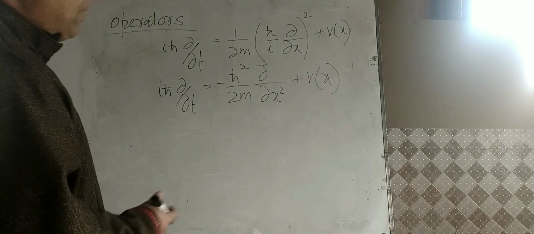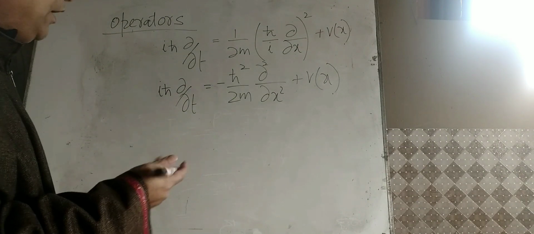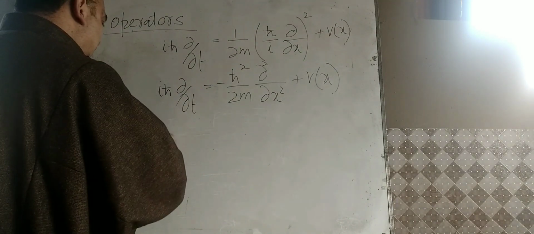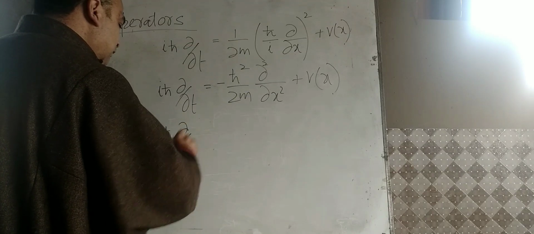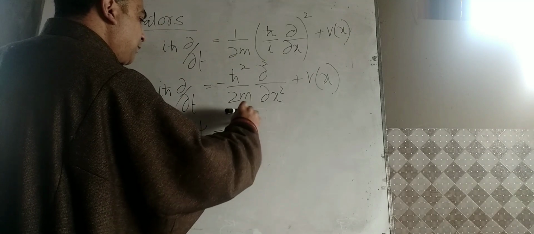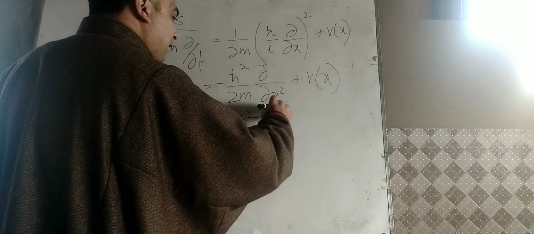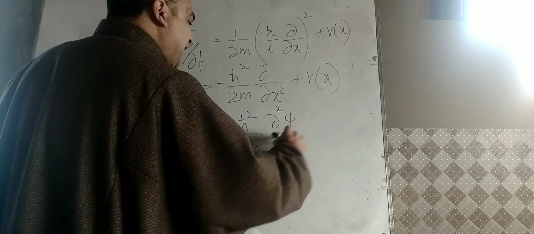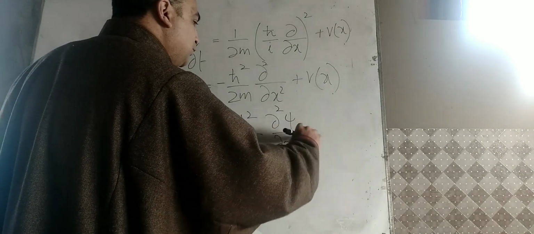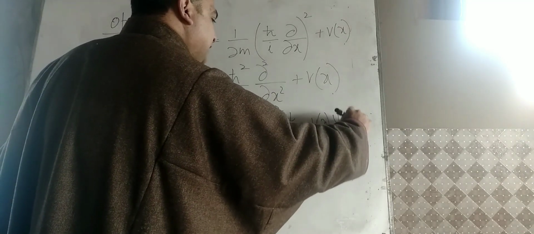Now if I put a wave function in every term in this equation, i h bar del by del t psi is minus h bar square by 2m, the double derivative of psi with respect to x2, plus V of x psi of x.